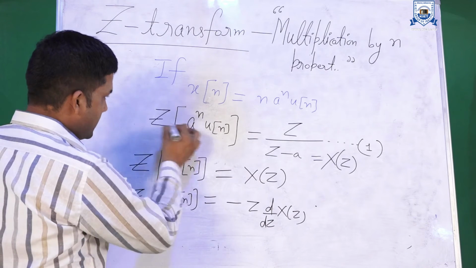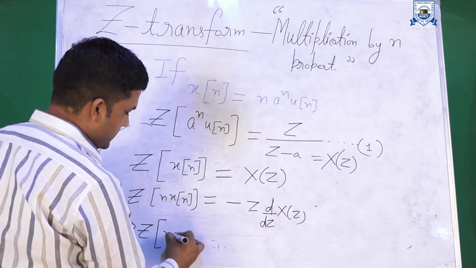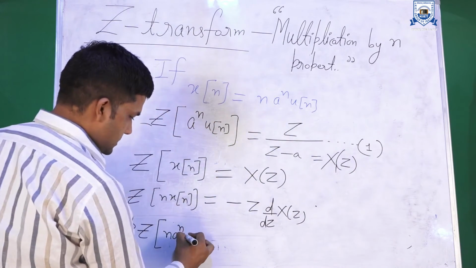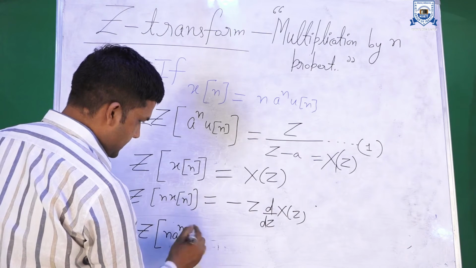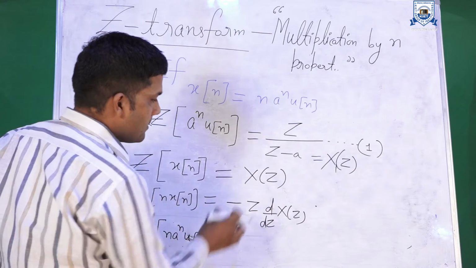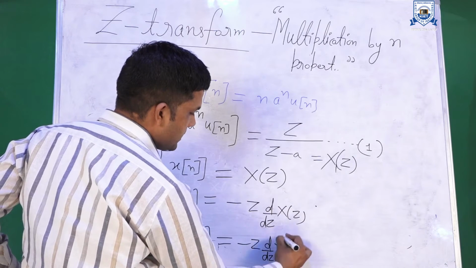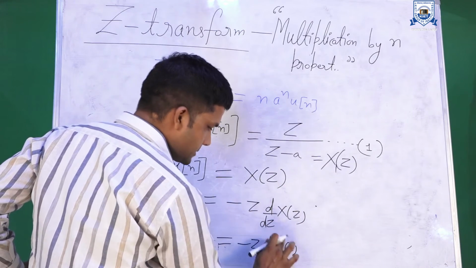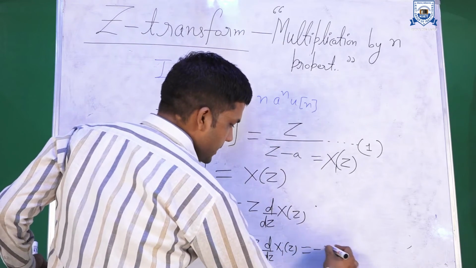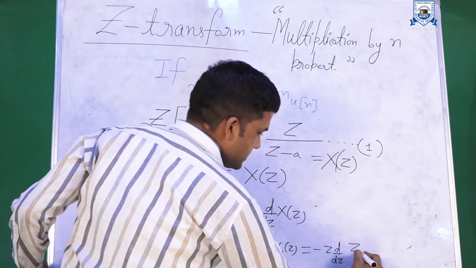Now if I am interested in finding the z transform of the given sequence, let it be X1(z), then it will be equal to minus z d by dz of X(z), that is minus z d by dz of z upon z minus a.